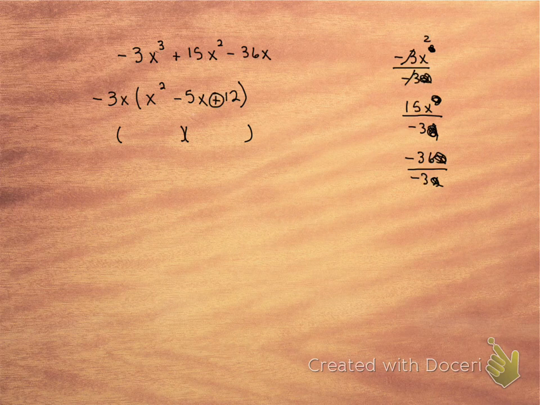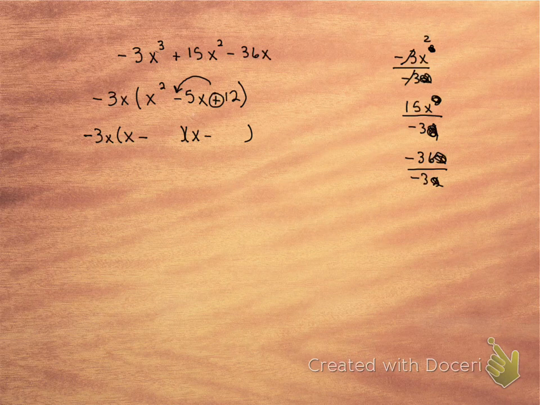Our second sign is a positive, so both signs in the factors are whatever the first one is, and it's a minus. So x minus and x minus. And one thing that you need not forget, and at least a third of you will, is to carry down the negative 3x that you've already taken out as the GCF.